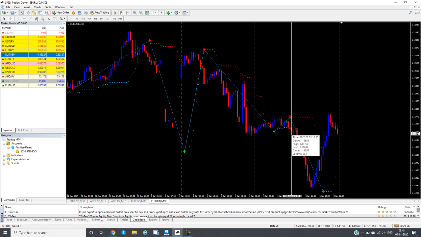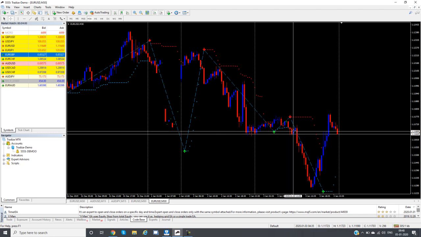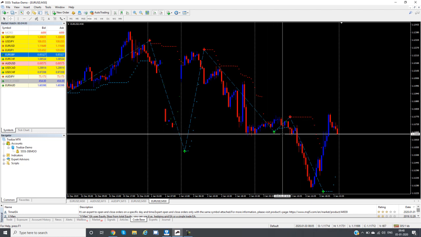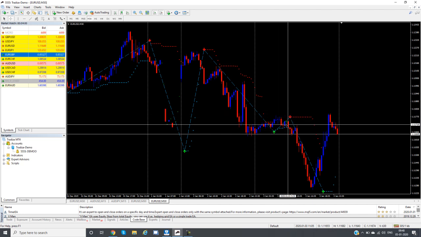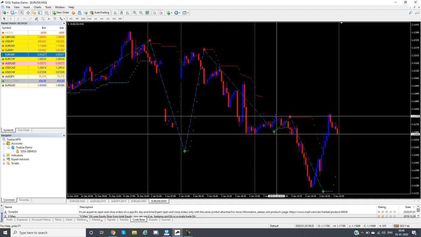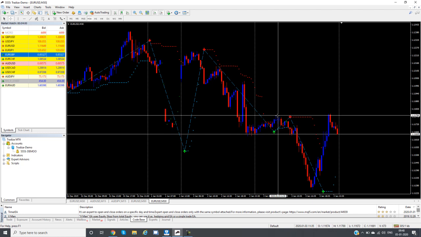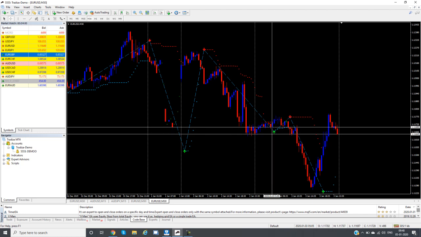But if you could see, the scanner immediately senses the market is going on a reverse trend, and it immediately suggests you to go for a short. This might be a losing trade, but the scanner immediately senses that the trend is changing in the opposite direction.